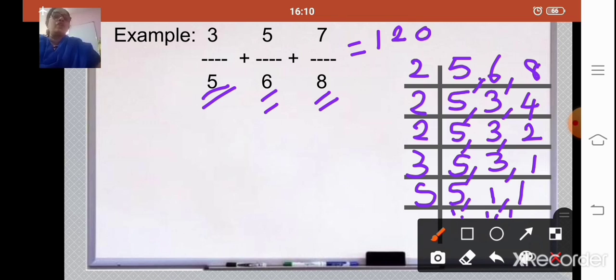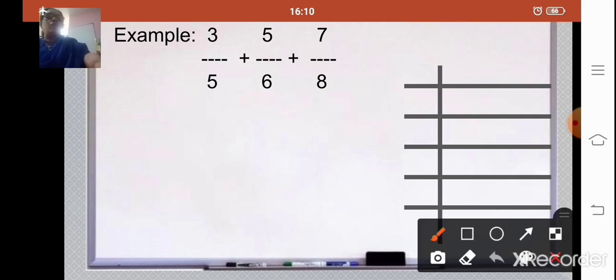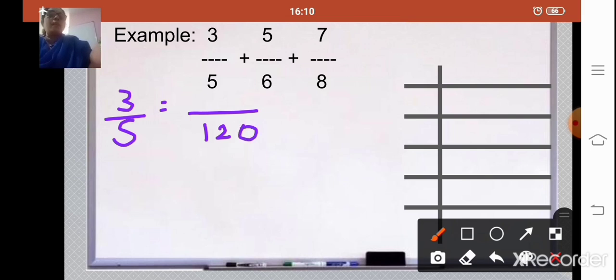Okay. So let us start with the first fraction, that is 3 upon 5. We'll take it step by step. 3 upon 5 is equal to dash upon 120. Now 5 multiplied by which number will give you 120?